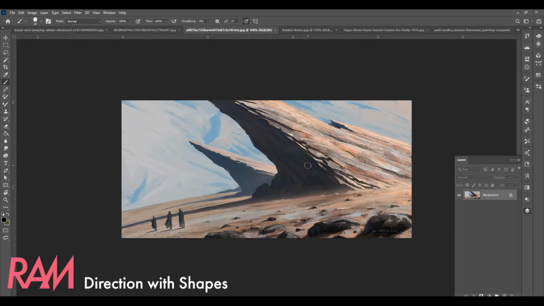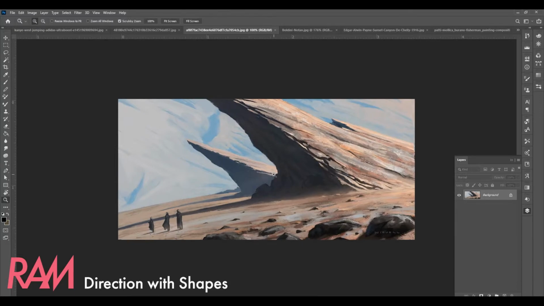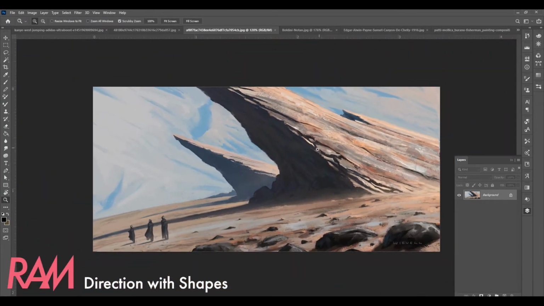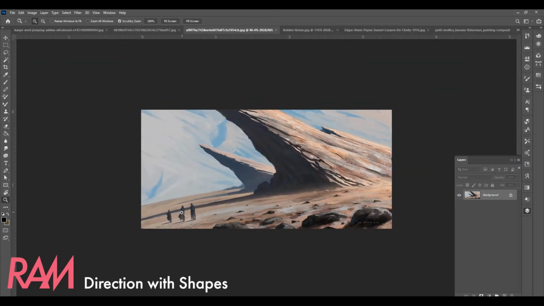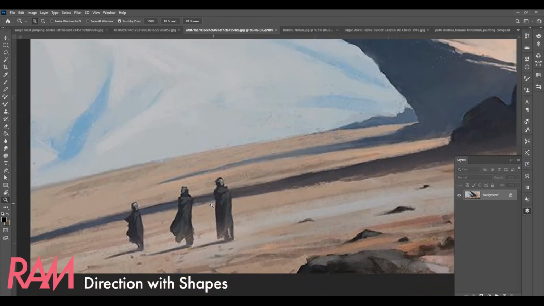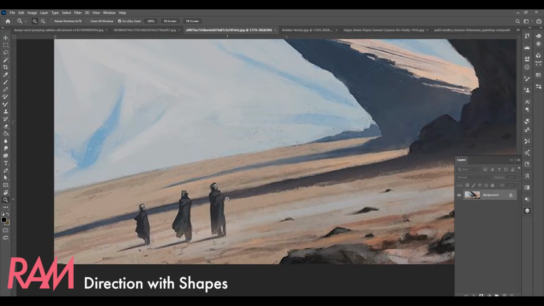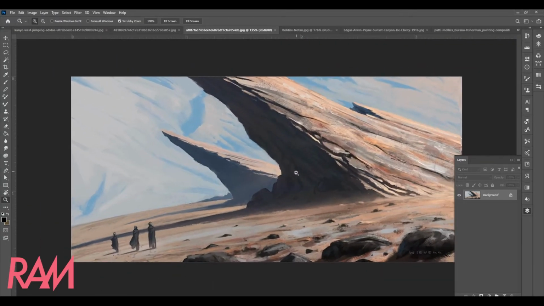What we have here with this painting is a very futuristic, very lonely painting. I think it takes place in the future, just with the little helmets they got. But what we have here is a little story.